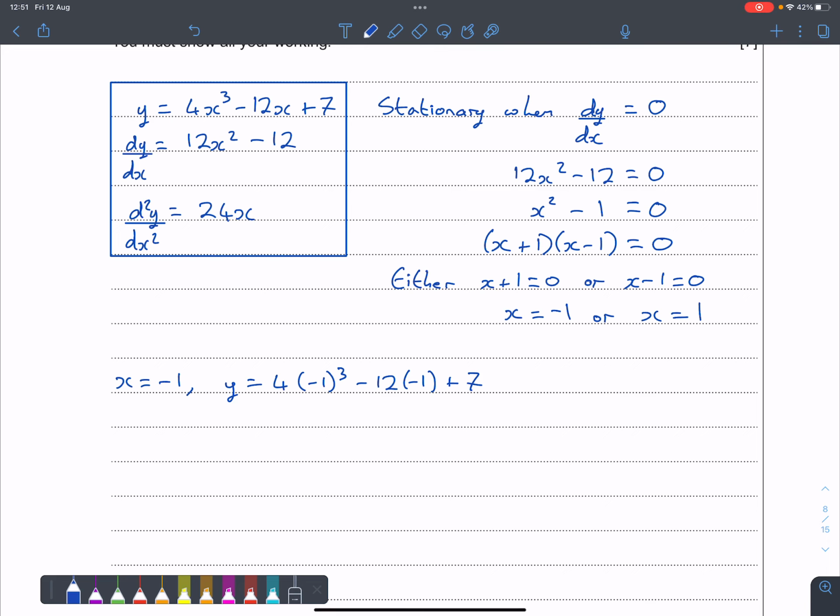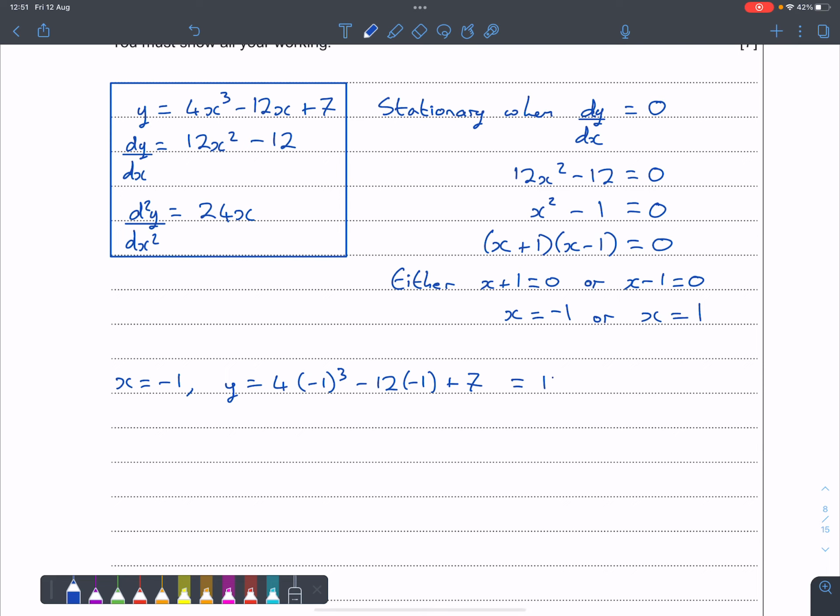Tapping that into my calculator, I get 15. When x is 1, y is 4 lots of 1 cubed minus 12 lots of 1 plus 7, which gives negative 1.